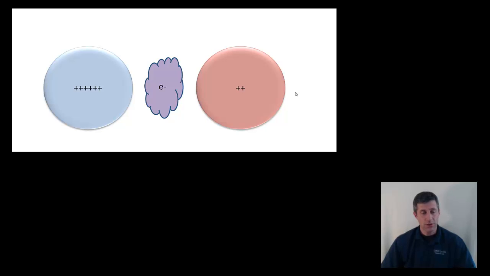Now I have electrons being shared by these two atoms, but an unequal sharing of those electrons. Electrons will spend more time by the atom that has a higher positive charge and less time by the atom that has a lower positive charge. It's still a sharing of electrons, but an unequal sharing.